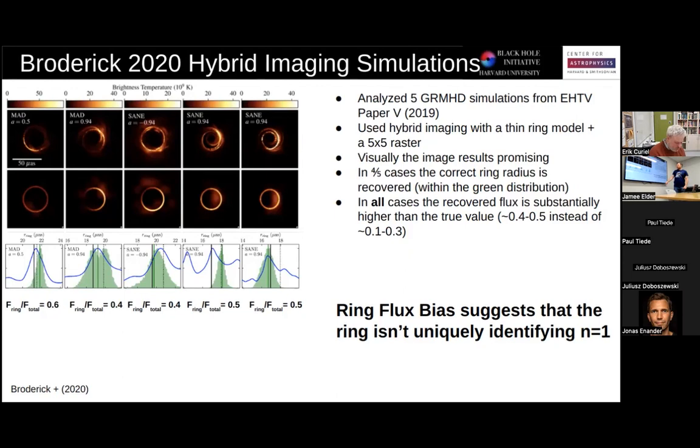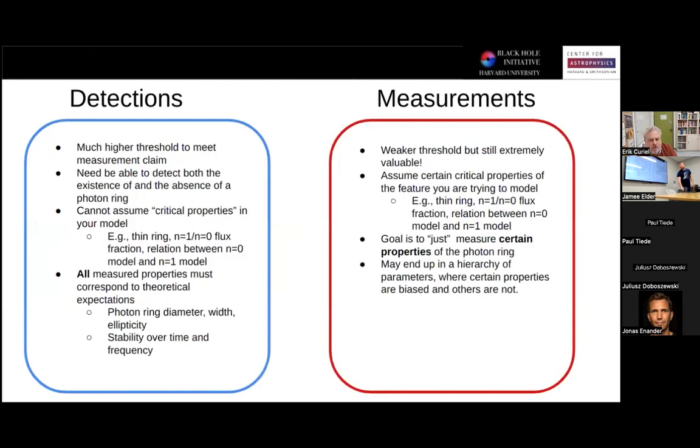And so this suggests that there is some stuff being biased in, and then it becomes a question of, well, okay, maybe the radius isn't biased too much. We can trust the radius, but we can't trust the flux. And to go into this a little bit, this starts a discussion of what we mean by detection and what we mean by measurement. Avery in the 2020 paper claimed a detection, or at least it was worded in a way that claimed a detection.